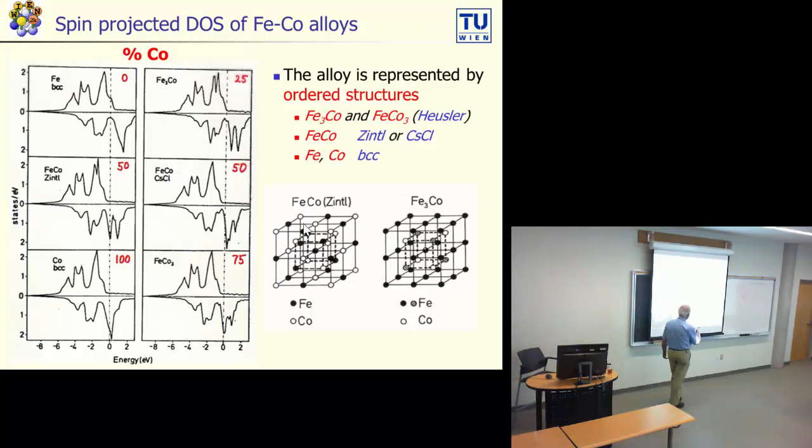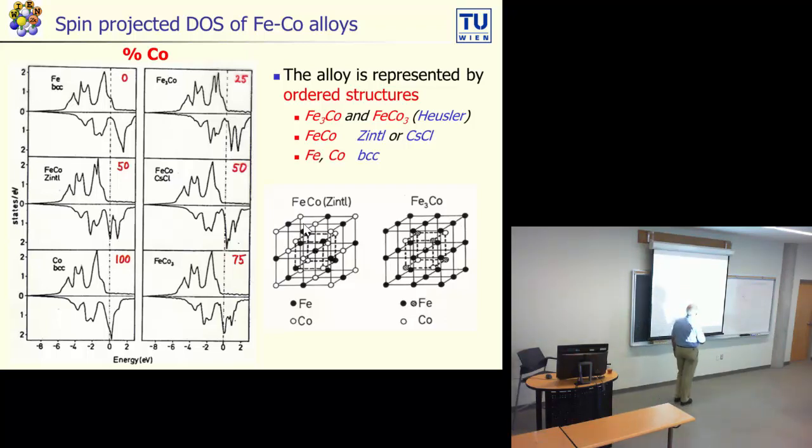So you use, for example, the Heusler alloys, Co3Fe or FeCo3. Then you have an ordered structure, and you could say it's 25% or 75% of this alloy. As a crude simulation, it's ordered, so the real alloy would be different.